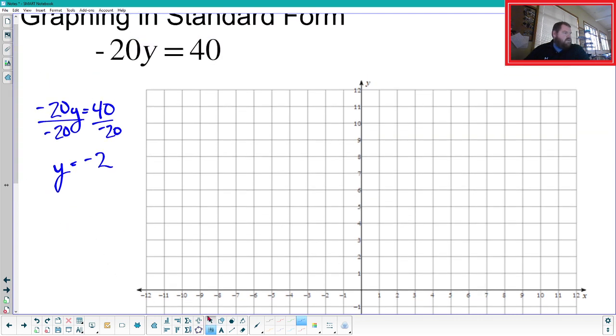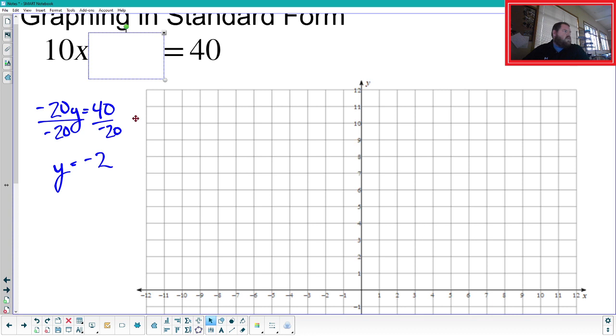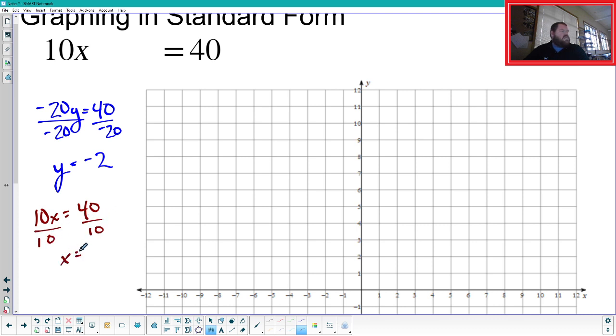When I go back through on the problem and I cover up the y, even though, again, I have some bigger numbers, I have 10x is equal to 40. If I divide both sides by 10, I get that x is equal to 4. So the x-intercept is 4.